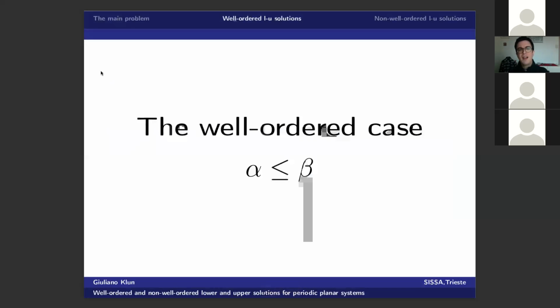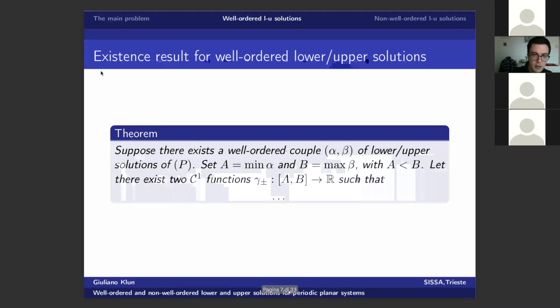So for the first part, we will consider the well-ordered case, namely the case in which alpha is less than or equal to beta. The first existence result we have found in the case of well-ordered lower and upper solutions reads as follows.